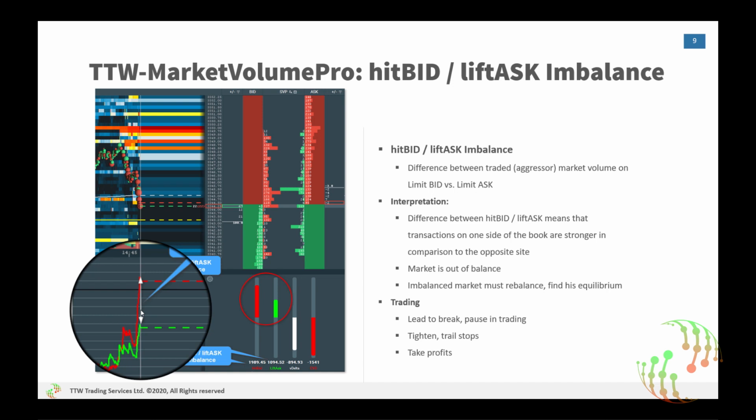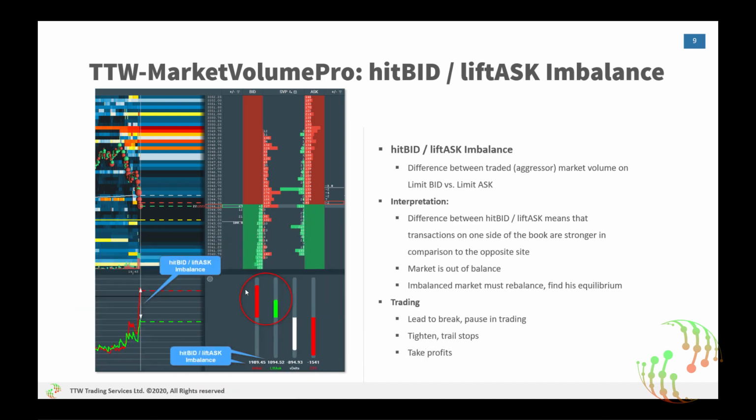It must find its equilibrium. For the purpose of trading, it means very often this imbalance leads to a break, to a pause in trading. So if you see that and observe this behavior in your traded market, then tighten or trail your stops or even take your profits.